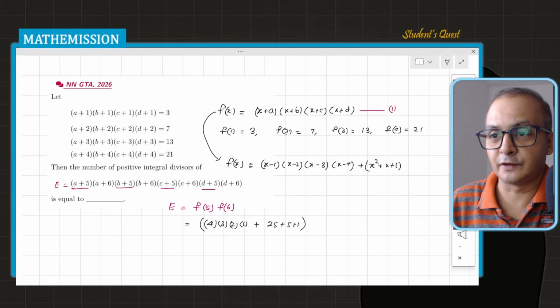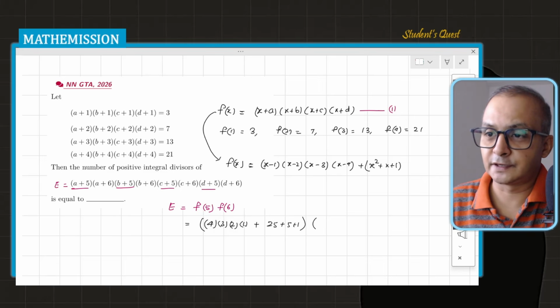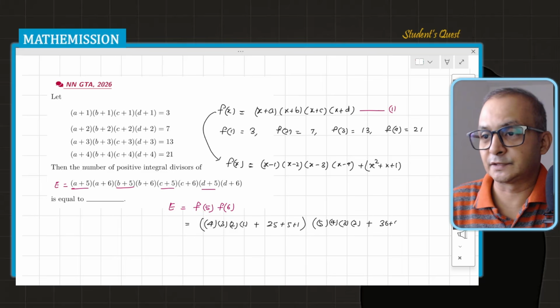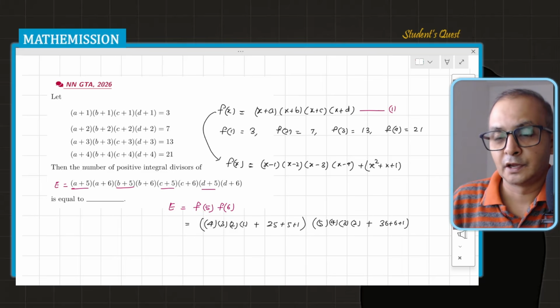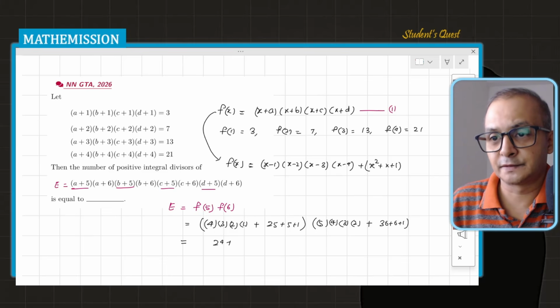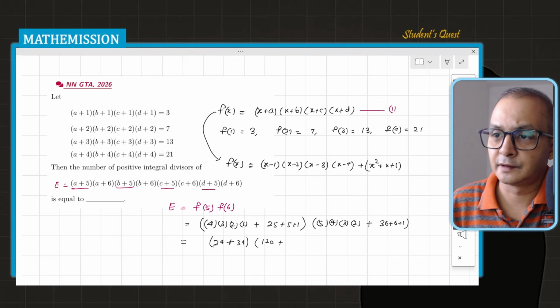This is the value of f(5). For f(6) we get here 5, 4, 3, 2 and 6 squared, 36 plus 6 plus 1. So what we are getting here is 24 times 31, and here 120 times 43.